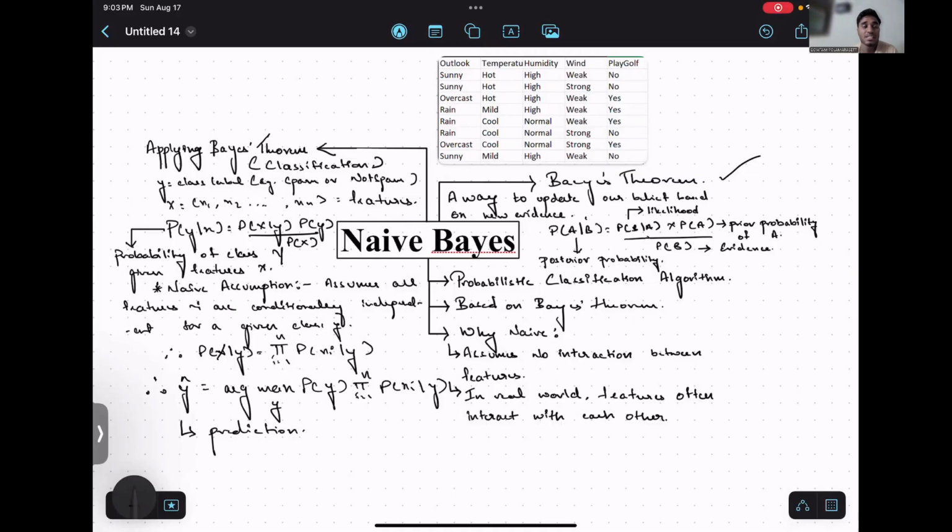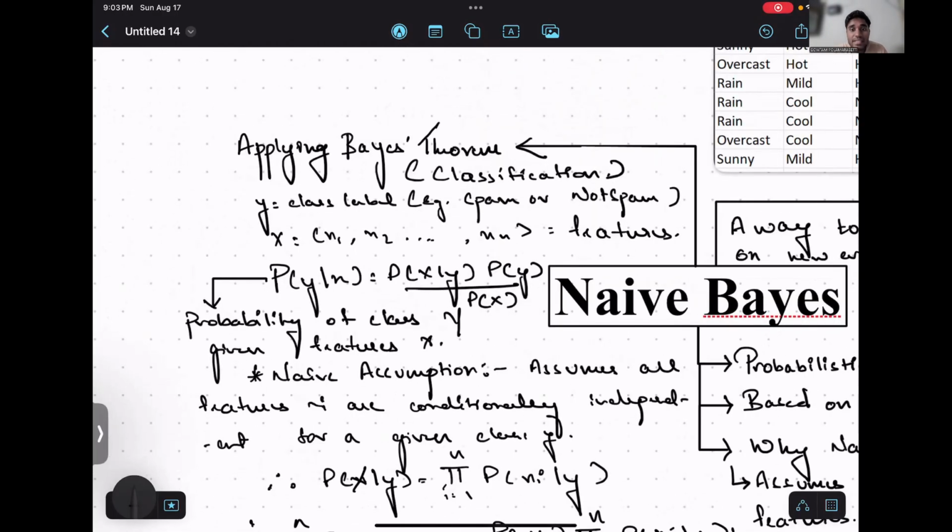We do this by applying Bayes theorem in the following way. Probability of y given x is equal to probability of x given y times probability of y, divided by probability of x. So the probability of the class given features x is equal to the probability of features x given each class times the probability of each class, divided by the probability of the features x.